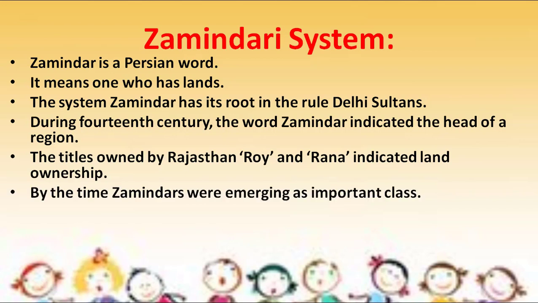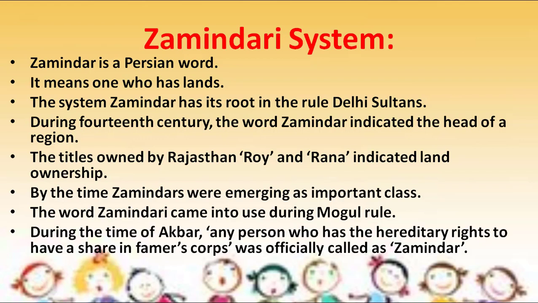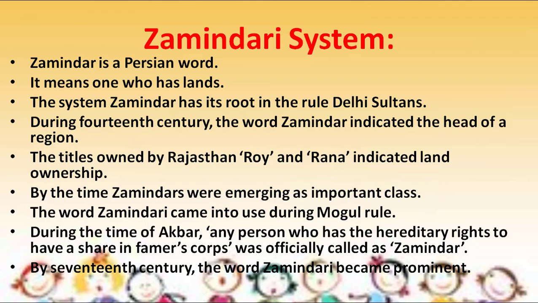By that time, Zamindars were emerging as an important class. The word Zamindar came into use during the Mughal rule. During the time of Akbar, any person who had the hereditary right to a share in farmers' crops was officially called a Zamindar. By the 17th century, the word Zamindari became prominent. So that is the concept of the Zamindari system.